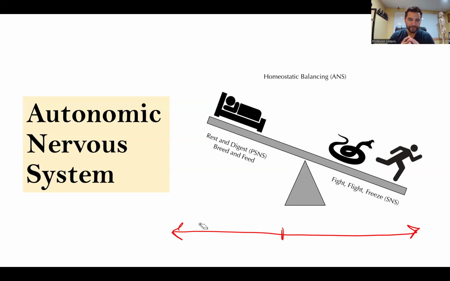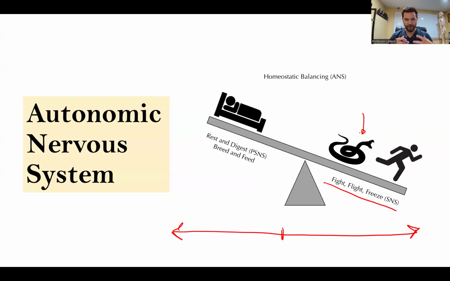When would you want to activate your rest and digest? If you just ate a big meal, or if you are sleeping and recovering, you would want to send blood flow to certain areas, shut down other things, and focus on recovery. On the other hand, when would you activate your fight or flight response, aka the sympathetic nervous system? If you're getting chased by a snake, that's terrifying, right?